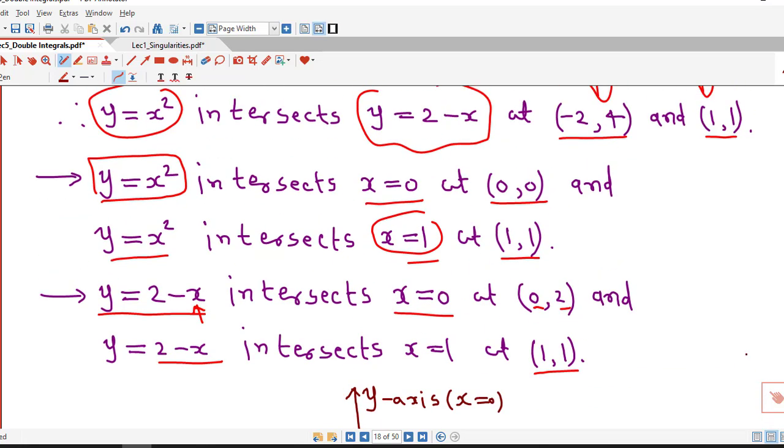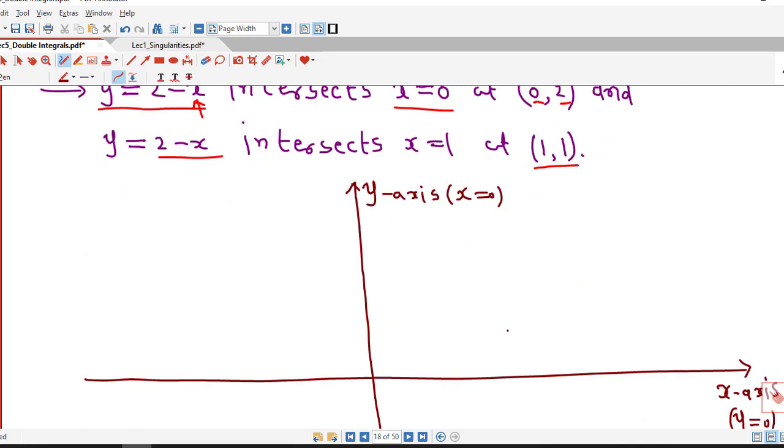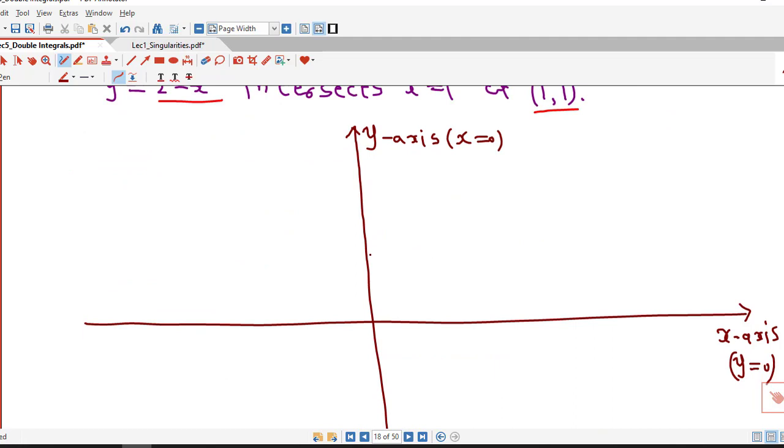The maximum distance required on the y-axis is 2 and on the x-axis it is 1. So we can approximately consider, suppose this distance is 1 and then this is 2. This is our choice, how much scale we consider as 1.